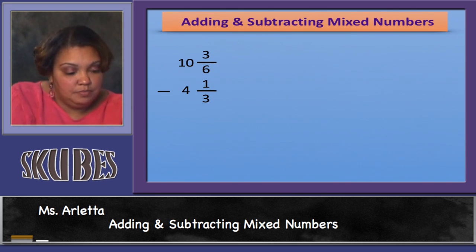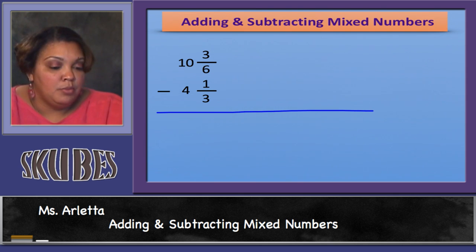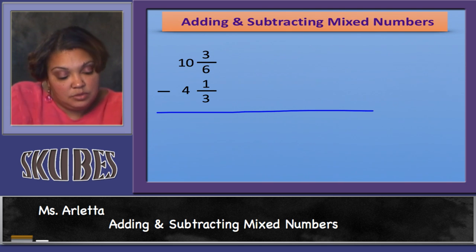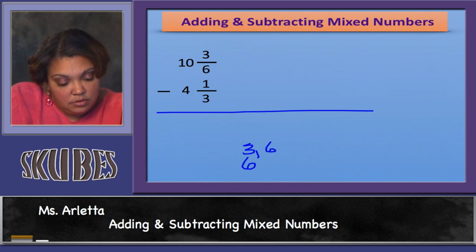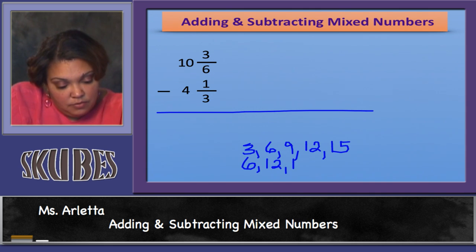Let's try another one. Remember, the first step is to find a least common denominator. We have a 6 as a denominator in the first fraction, and we have a 3 as a denominator in the next one. So we can list our multiples. 3, 6, 9, 12, 15. 6, 12, 18. 6 times 4 is 24.